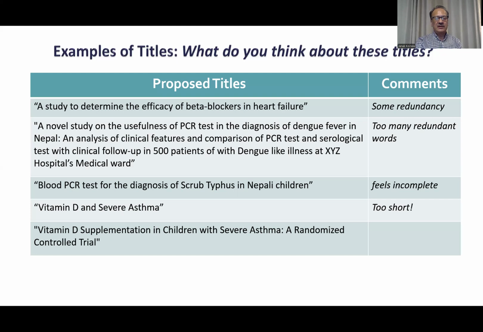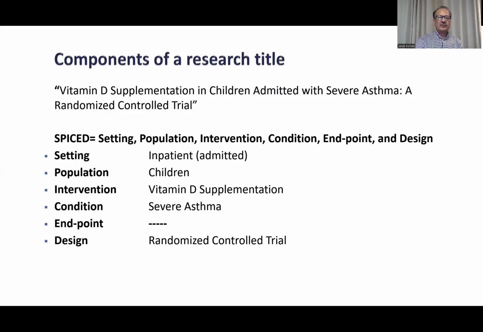And finally, the last one, vitamin D supplementation in children with severe asthma, a randomized controlled trial. Looks like this is a good title. If we break down that last title, vitamin D supplementation in children admitted with severe asthma, a randomized controlled trial, it has setting, inpatient or admitted patients, population, children, intervention, vitamin D supplementation, condition, severe asthma.